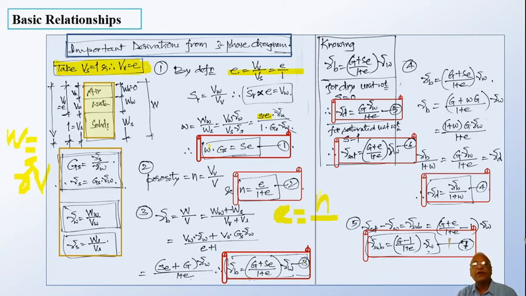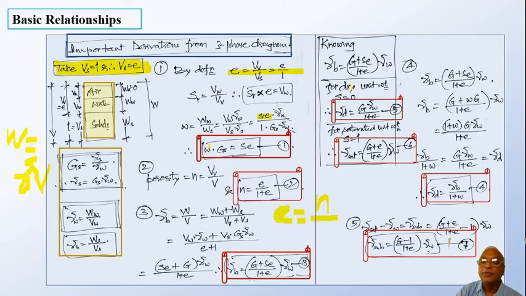Using this we can derive gamma d, gamma saturated, gamma submerged, etc. But this will be the basic.